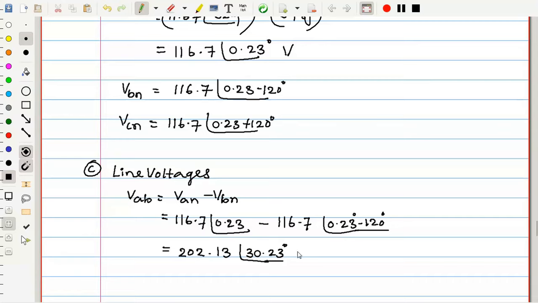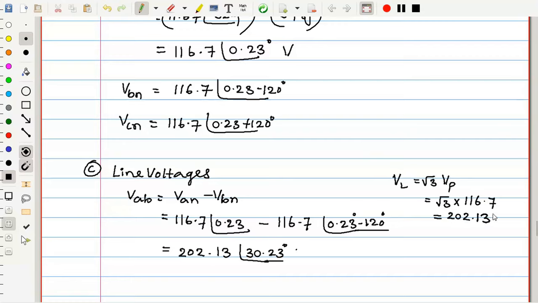So your calculation is wrong somewhere. Just by looking, I know that the line voltage magnitude should be root 3 times the phase voltage. The phase voltage magnitude is 116.7, so root 3 times this is approximately 202.13.